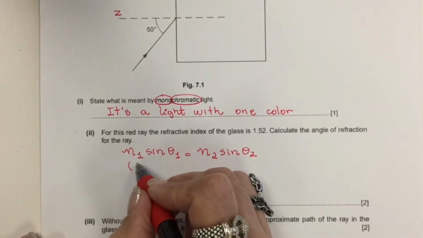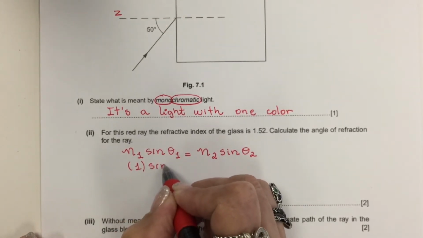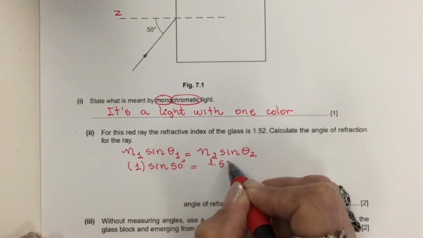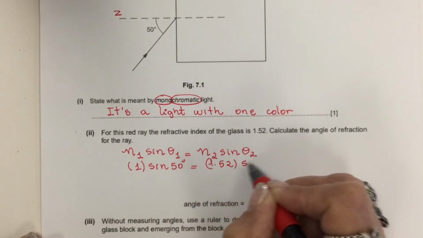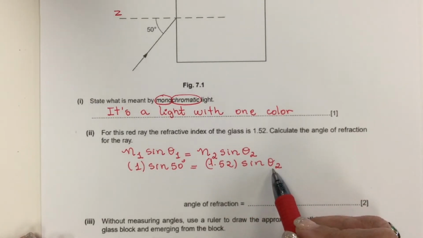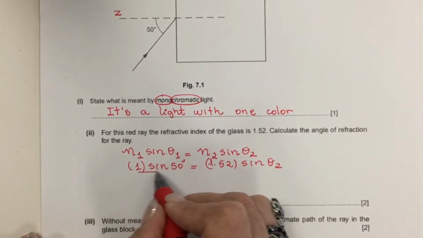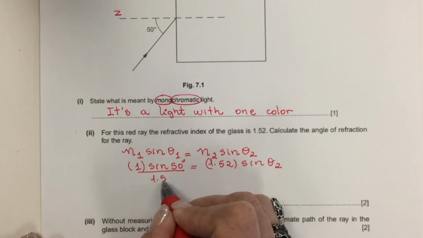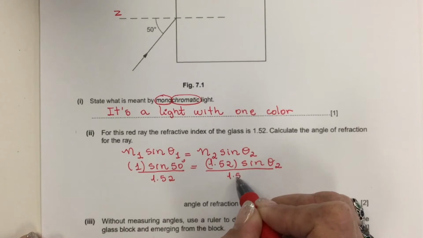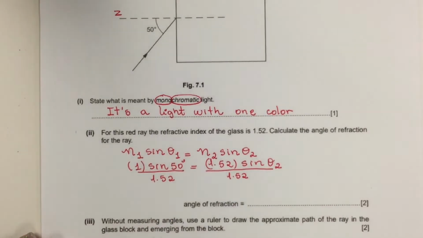So this is 1 sine of 50 is equal to 1.52 sine of the angle that we need to calculate. So first, I'm going to divide both terms by 1.52.